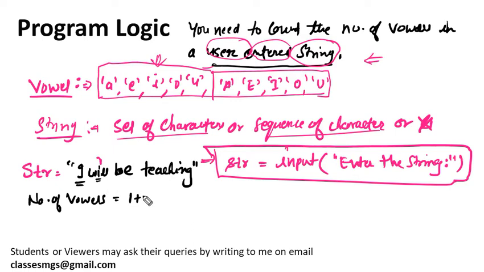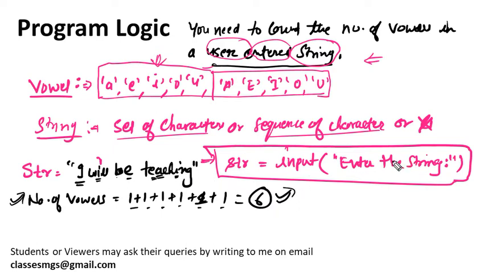I is a vowel, 1 plus. E is a vowel, 1 plus. E is a vowel, 1 plus. A is a vowel, 1 plus, and then I is again a vowel, 1 plus. So 1, 2, 3, 4, 5, 6. The total number of vowels in this string is 6. So this is the expected output.